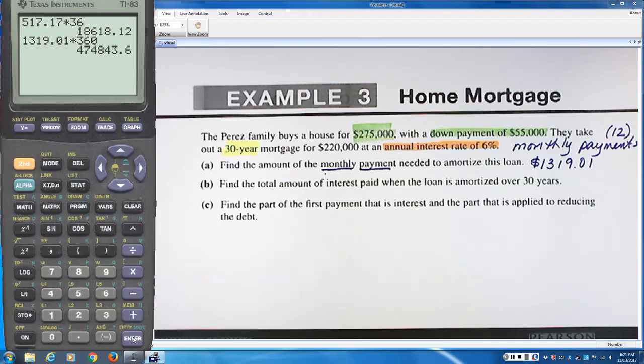$474,843.60. That's how much they're actually gonna pay for the house.